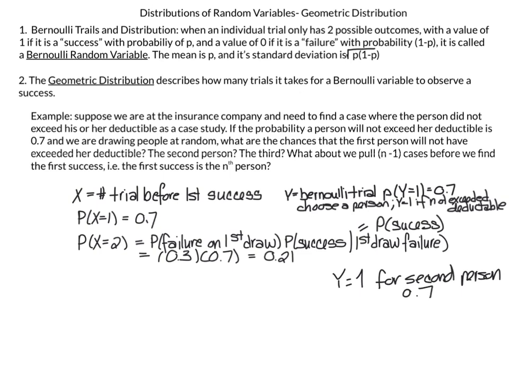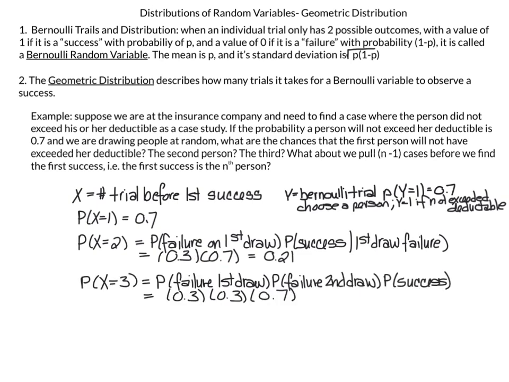This is the probability we have a failure, and then we have a success. We want both things to happen. They're independent, so we use the multiplication rule for independent events. Now the probability that x equals 3, in other words, we have to have 3 trials before the first success.